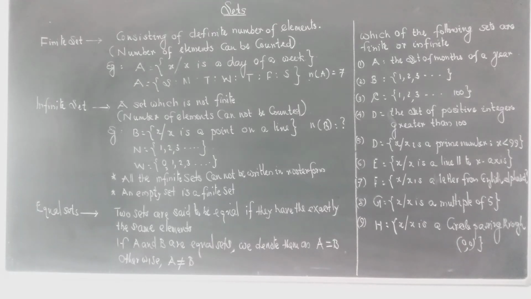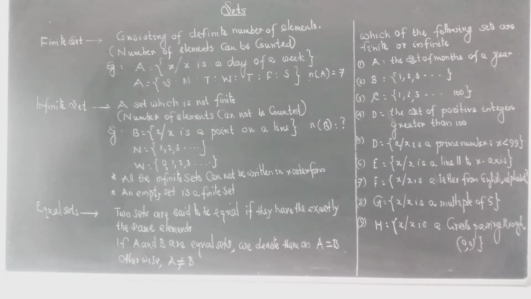Then comes a new group known as equal sets. Two sets are said to be equal if they have exactly the same elements. A beautiful definition.